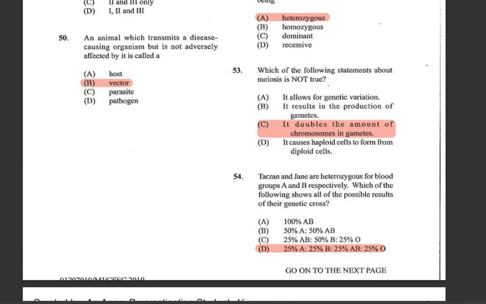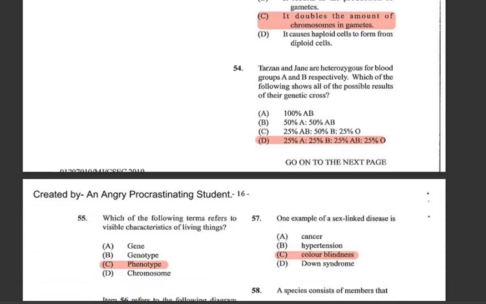So here would be D, where we have 25% A, 25% B, 25% AB, and 25% O. So these are the blood types: A 25%, B 25%, AB 25, and type O also 25. So it'd be 25% respectively across all the blood types.